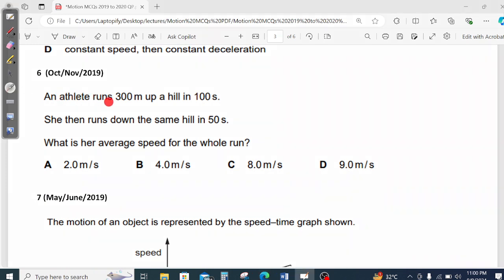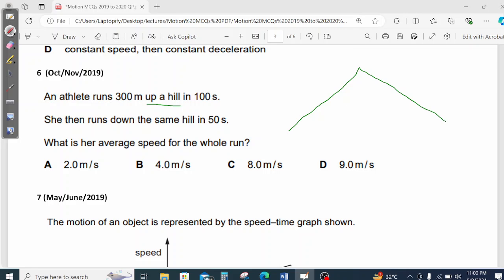Now move towards question number 6, that is taken from October-November 2019. An athlete runs 300 meters up a hill in 100 seconds. She then runs down the same hill in 50 seconds. What is her average speed for the whole run? First of all, you have to understand up a hill. Suppose this is a hill and the same hill.